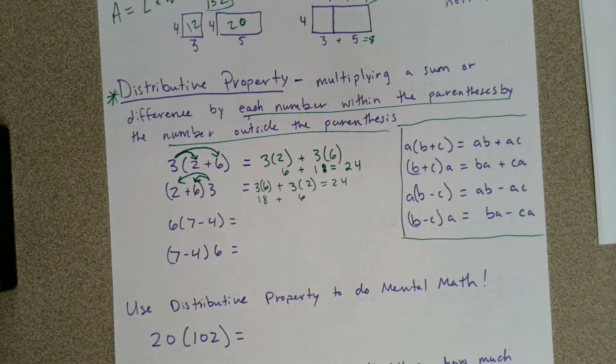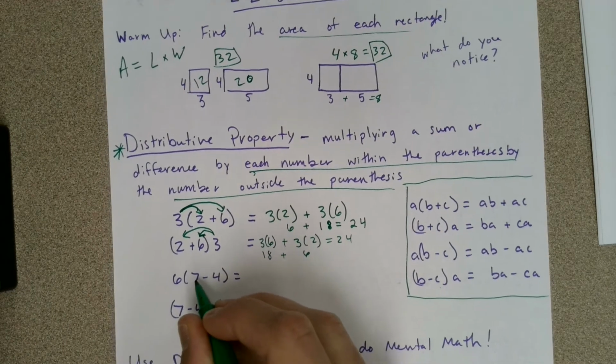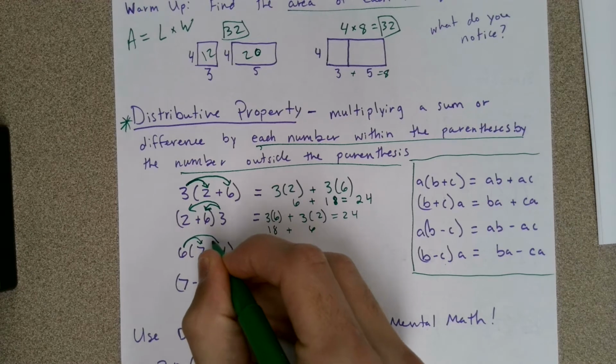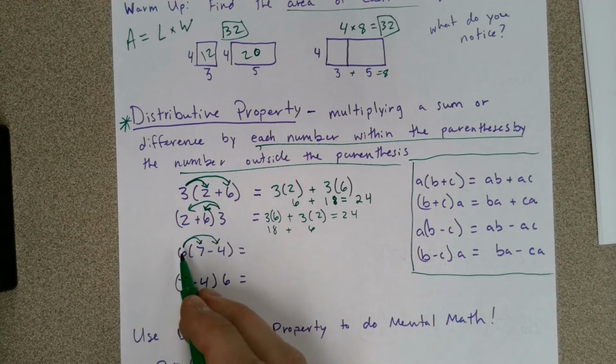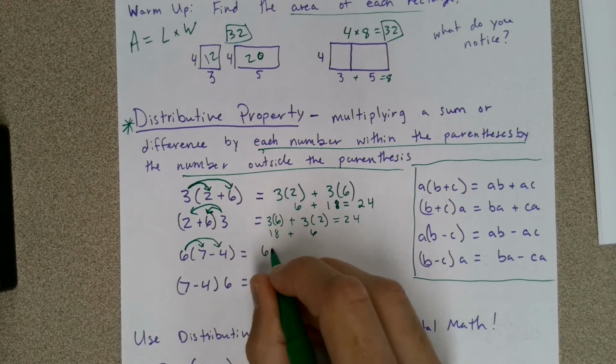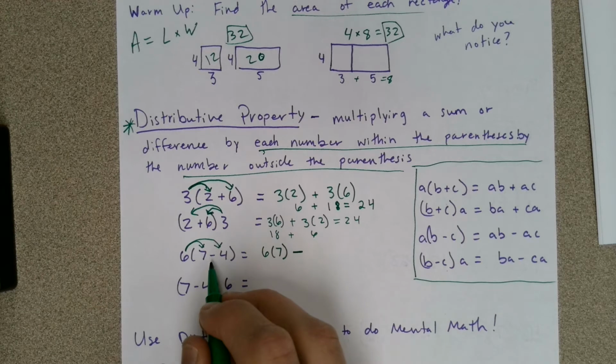We can do the same for subtraction. It'll look a little bit different. The same idea here. So we got 6 on the outside, 7 and 4 on the inside. We're going to multiply right here and right here. I'm going to write it a little differently this time. I got 6 times 7 minus, because we're doing subtraction here now.